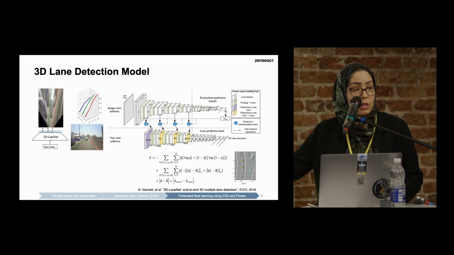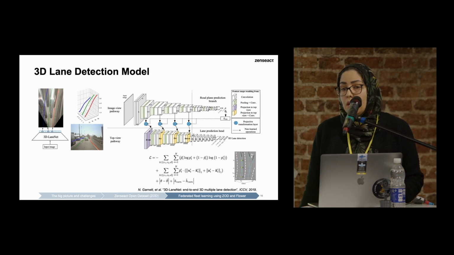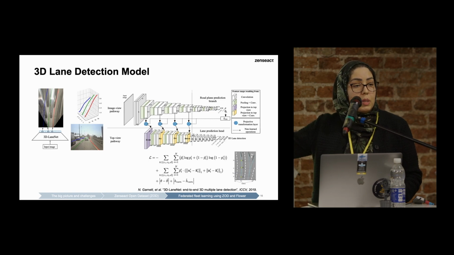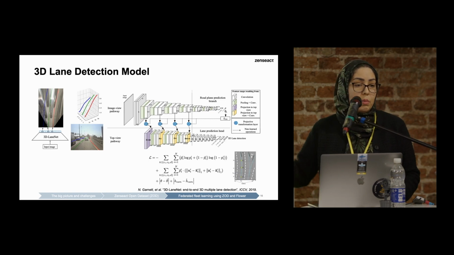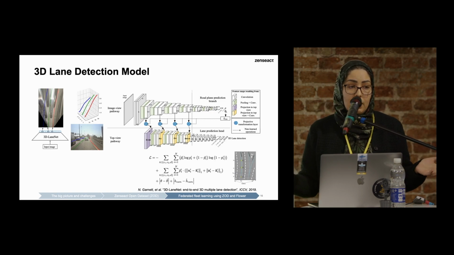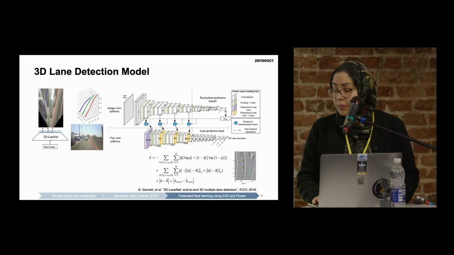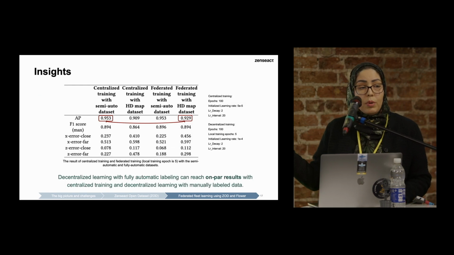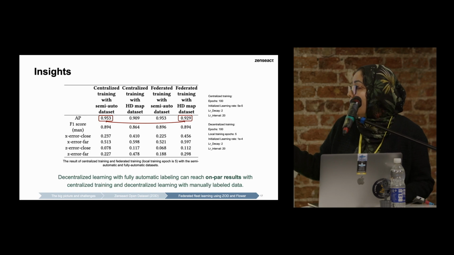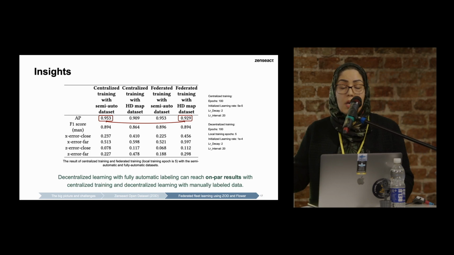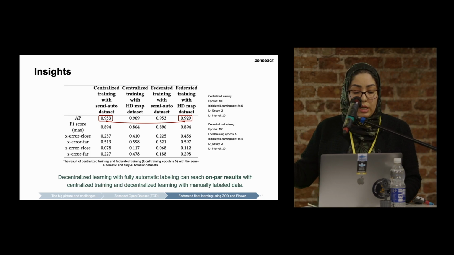I will not go into details because of time, but we can discuss it later on. The inputs to this model will be the input images, and the outputs will be the automatically generated 3D lane labels that we discussed. We saw that decentralized learning with fully automatic labeling can reach unpaired results with centralized training.